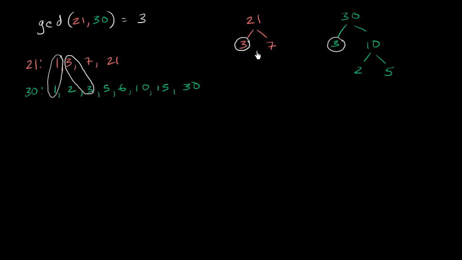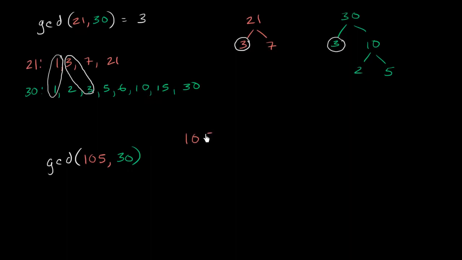Let me give you another interesting example just so that we can get a sense of things. Let's say these two numbers were not 21 and 30, but let's say we care about the greatest common divisor of 105 and 30. If we did the prime factorization method, it might become a little clearer now. Actually figuring out what all the factors of 105 are might be a little bit of a pain.